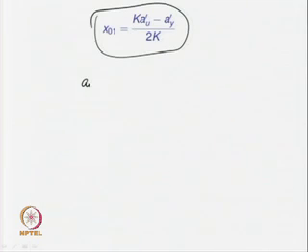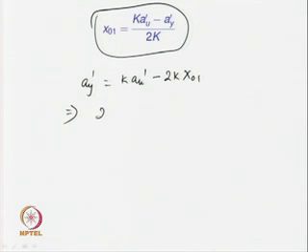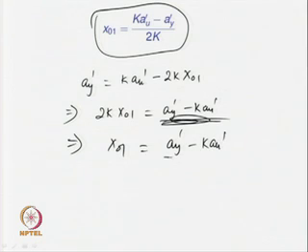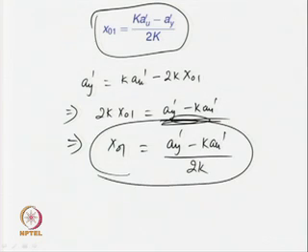So, A y dash is basically k times A u dash minus 2 k x 01, which upon simplification will give you 2 k x 01 is equal to k A u dash minus A y dash, and further it will give x 01 is equal to (k A u dash minus A y dash) upon 2 k. So, why are we doing all this analysis?